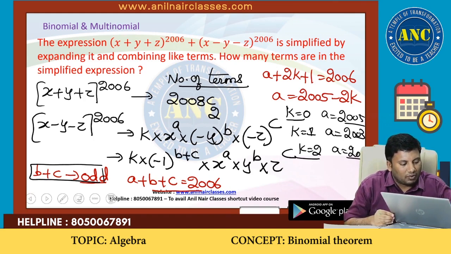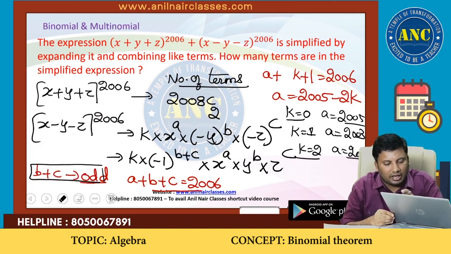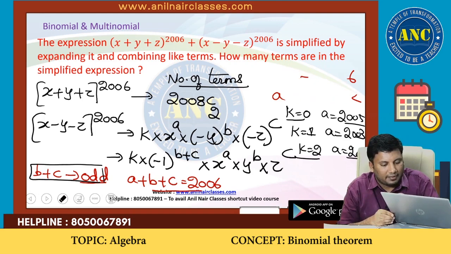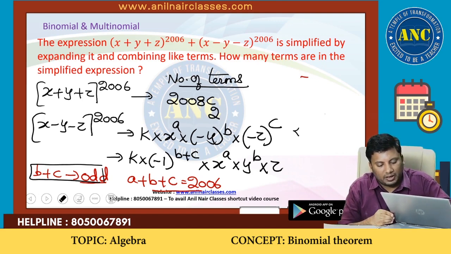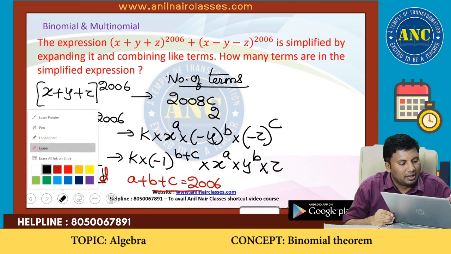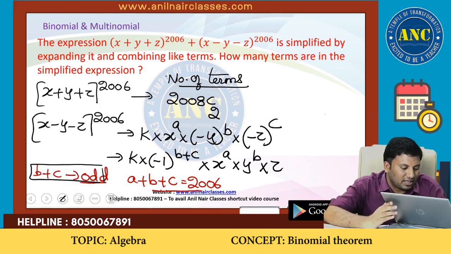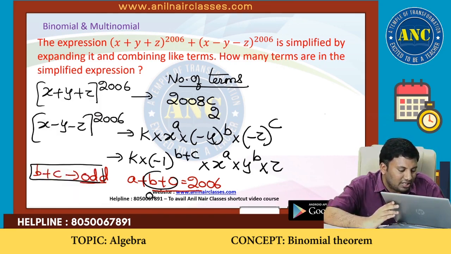Okay, instead of doing it for a, we will do it for b plus c so that we will get the answer. Otherwise, we have to do it for b plus c again. B plus c is odd. Since 2006 is an even number, a should also be an odd number.